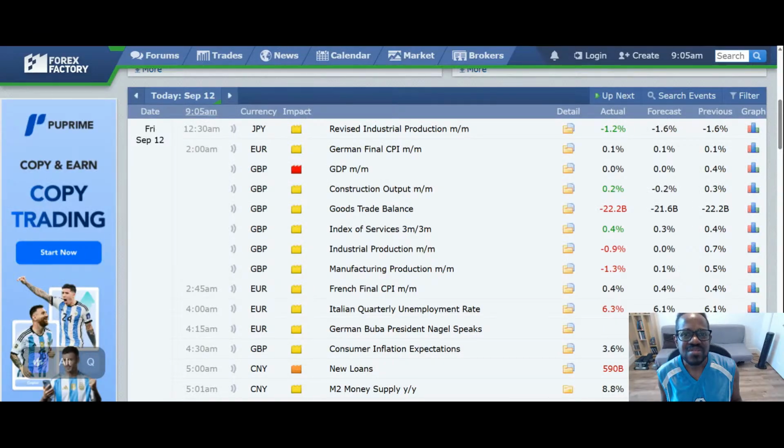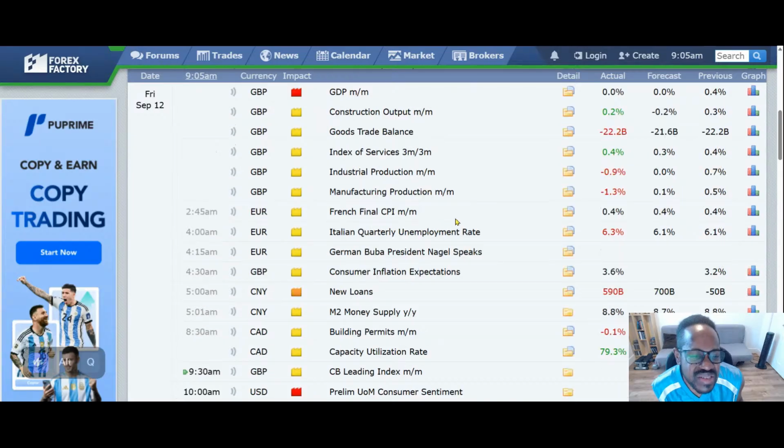So I'm just gonna load up, as always, our news calendar and see exactly what's going on. In the news today, for British pound, we had GDP month to month.